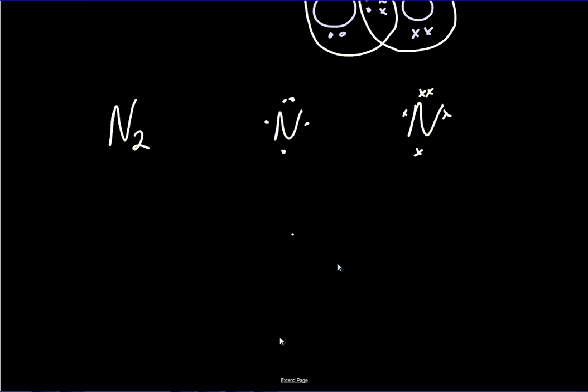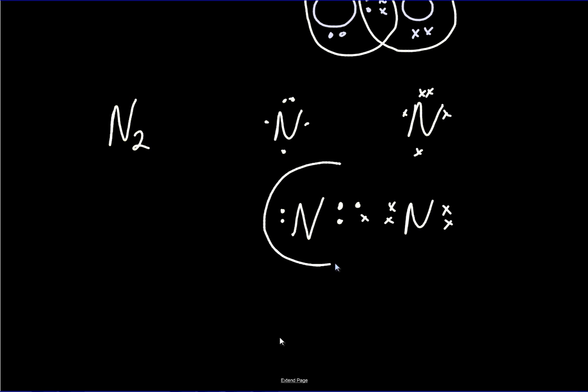And that's exactly what happens. So you end up with 1, 2, 3, and it's still got 2 more, 4, 5. And then 1, 2, 3, 4, 5. And we put them in their circles to see where they are. 2, 4, 6, 8. 2, 4, 6, 8. And now we've shared 6 electrons. Now don't worry, this is the maximum number that you can share.